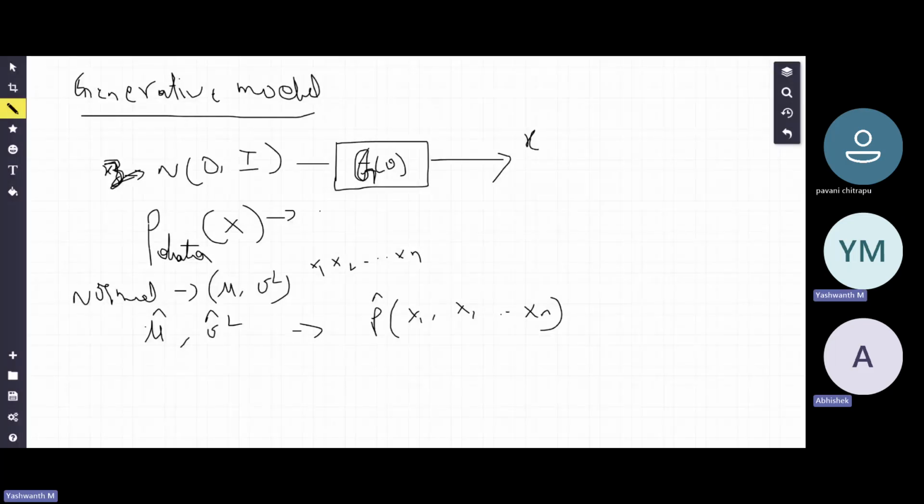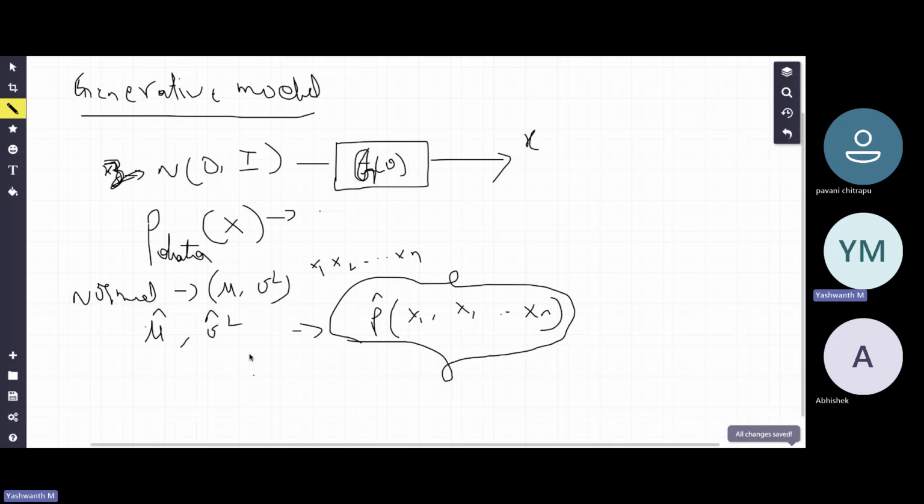Now let's say we are given data sampled from this normal distribution whose mean and variance are unknown. As a function of the data, you have estimated this mean and variance.